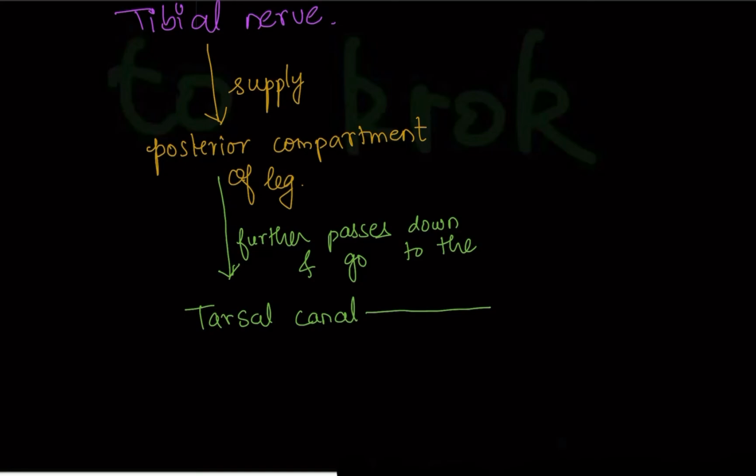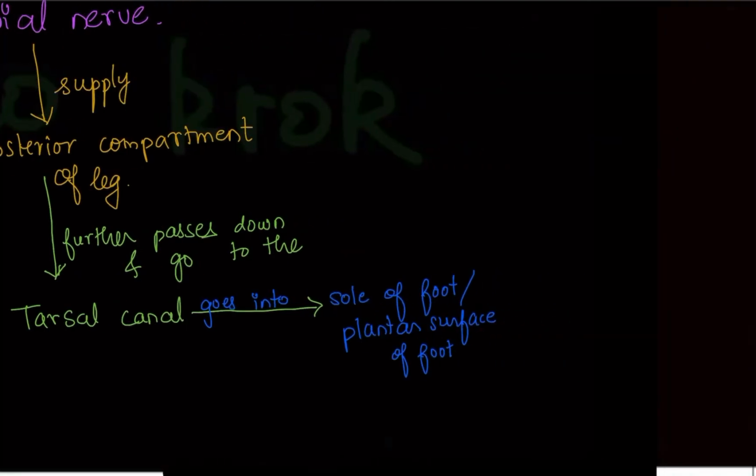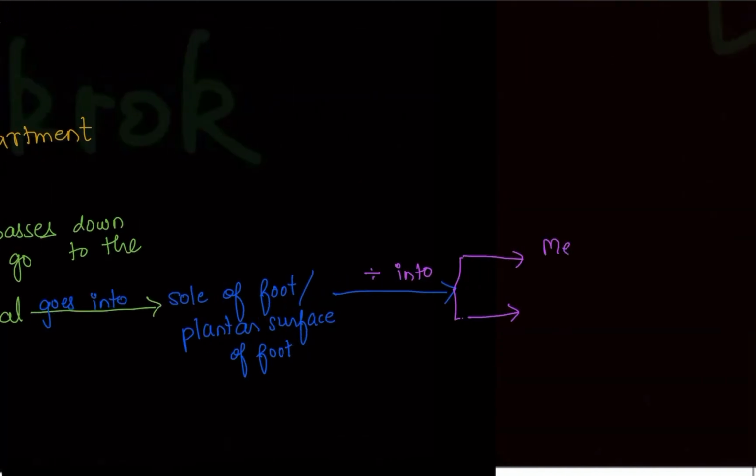So from tarsal canal it goes into the sole of foot, or you can say plantar surface of foot, and it will divide into medial plantar nerve and lateral plantar nerve. Okay, medial plantar nerve and lateral plantar nerve.